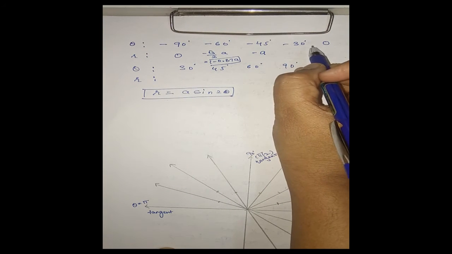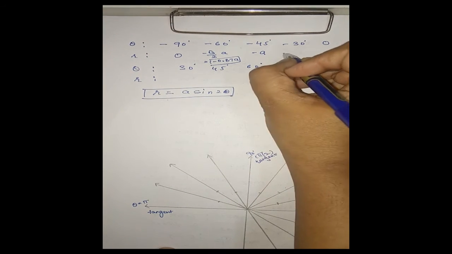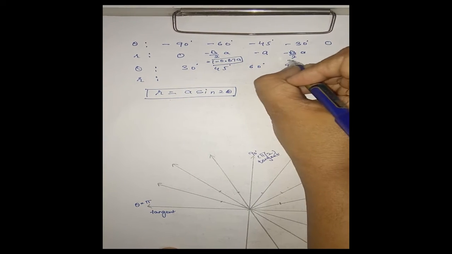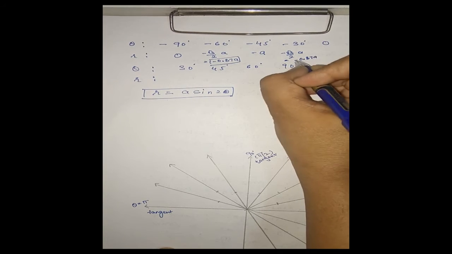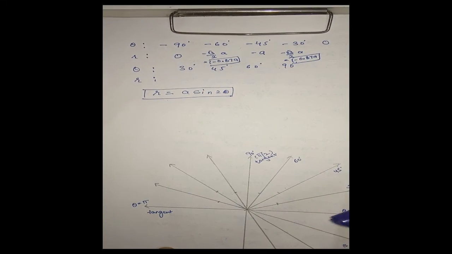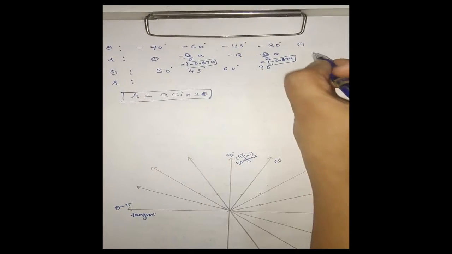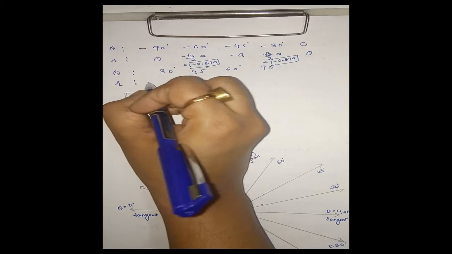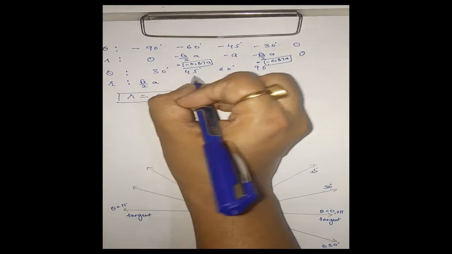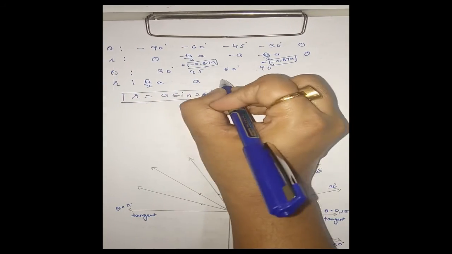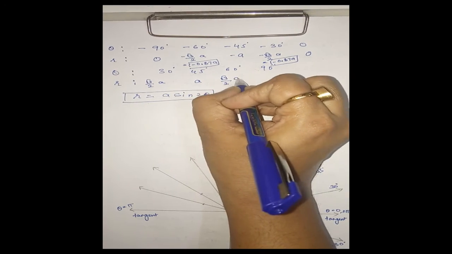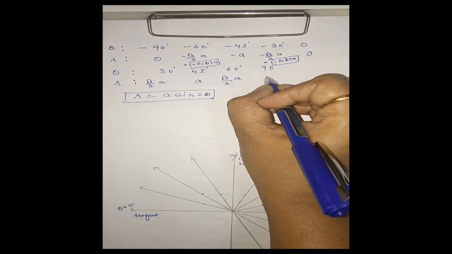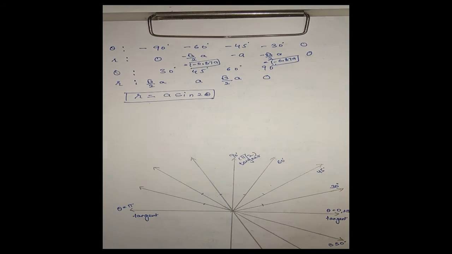When theta is minus 30, that is minus 60, again minus root 3 by 2a, that is minus 0.87a. When theta is 0, sine 0 is 0, r is 0. Same way, when theta is 30, this will be root 3 by 2a. At 45, it is a. At 60, it is root 3 by 2a. And when theta is 90, 2 theta will be 180, here also it is 0.